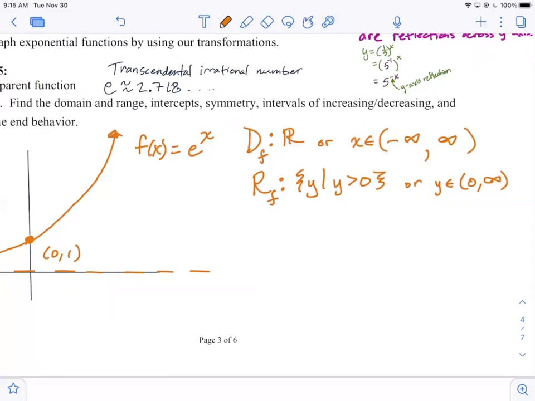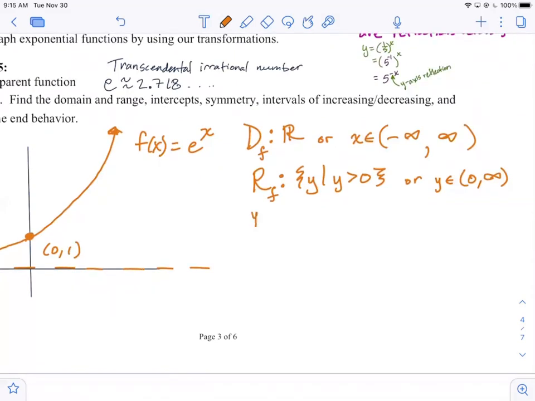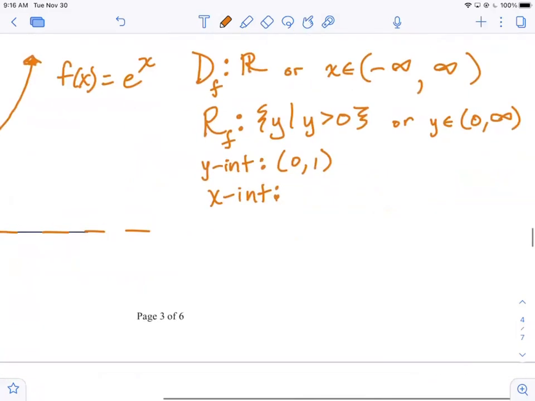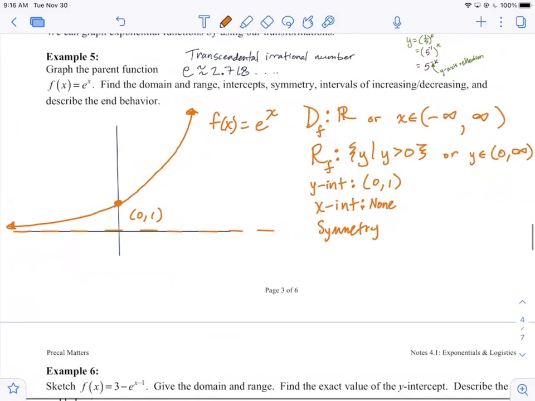Okay, intercepts. Let's talk about the y-intercept. Of course, that's going to be the point (0, 1). And x-intercepts. What are the x-intercepts of this graph? Does it have any? No. Yeah, none, right? We'll just say none. All right, symmetry. Remember, when we talk about symmetry, we went over this very quickly.